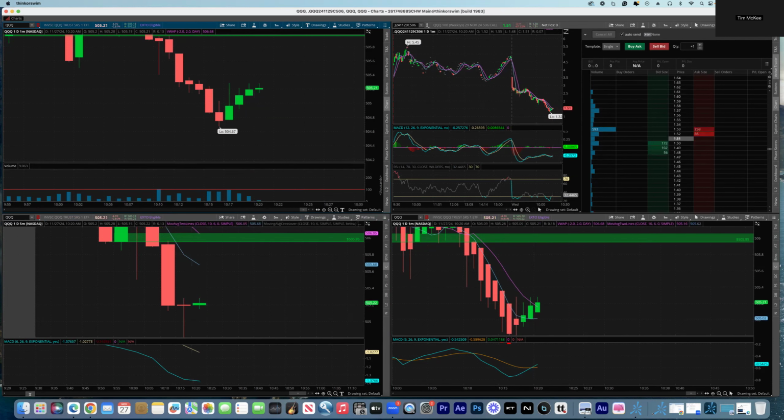Okay, so if we end up on the put side again, do another scalp, we'll go to the 506 this time. 506 on the put side. We have gotten a cross on our Heikin-Ashi MACD. That's good.